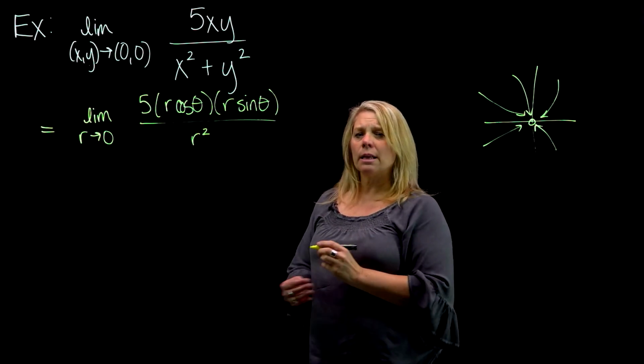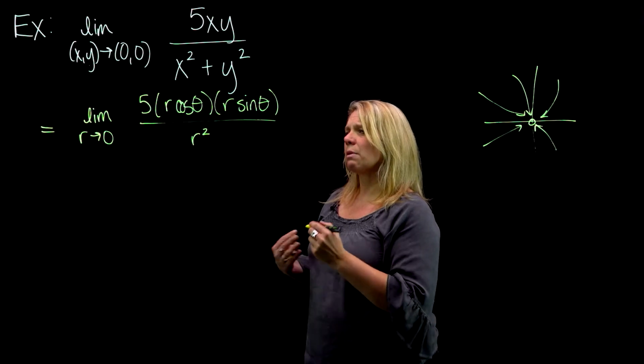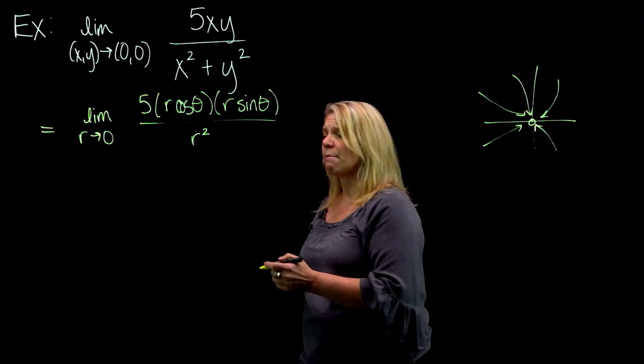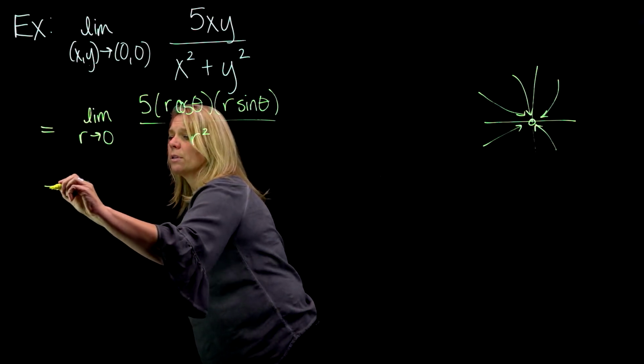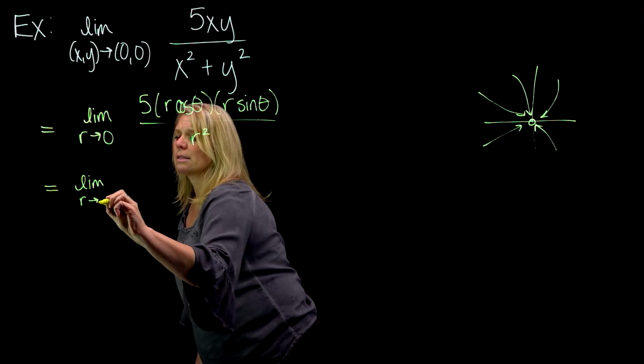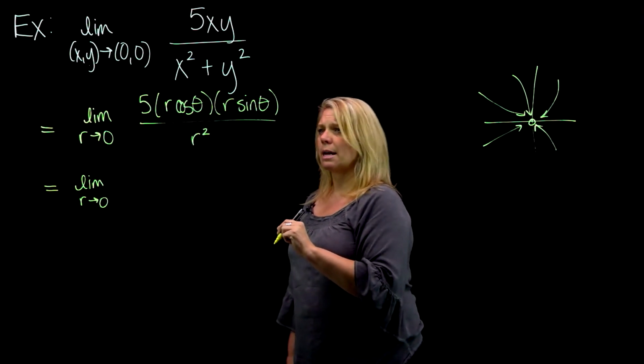Okay, so in the last function that we looked at, we were able to do some nice simplification and then able to think about what was happening with that limit. So here, you might be able to see this simplification in slightly fewer steps than I'm going to write out.